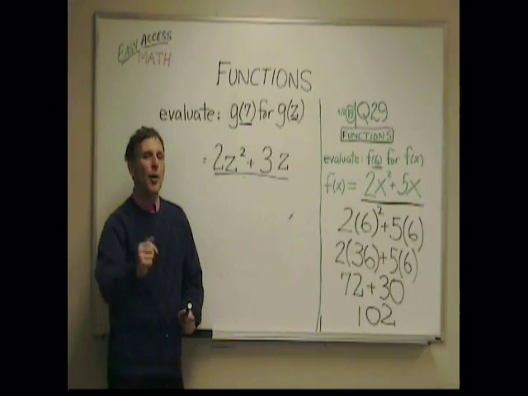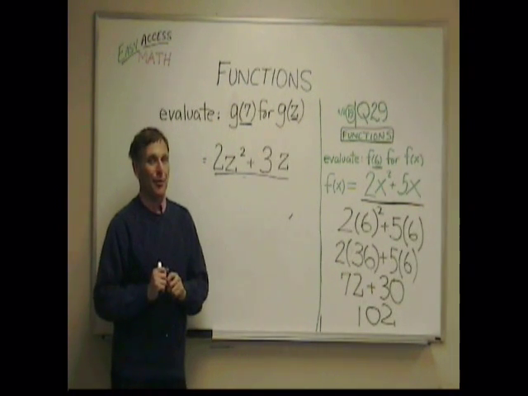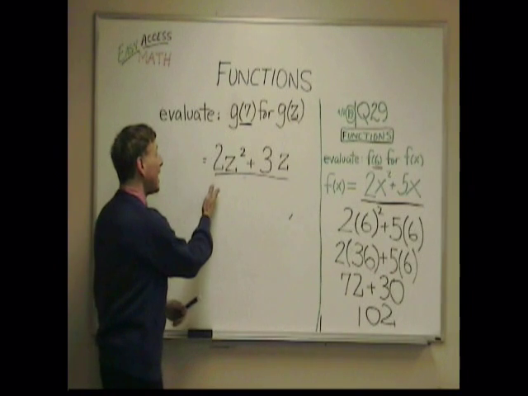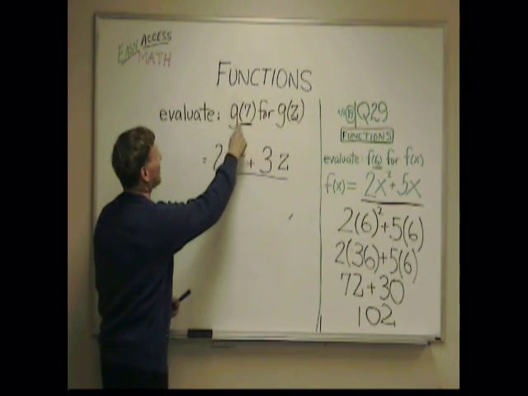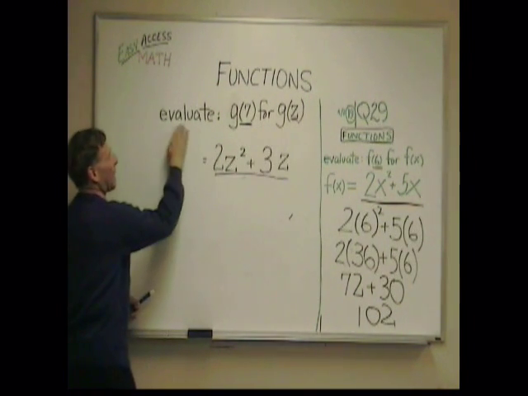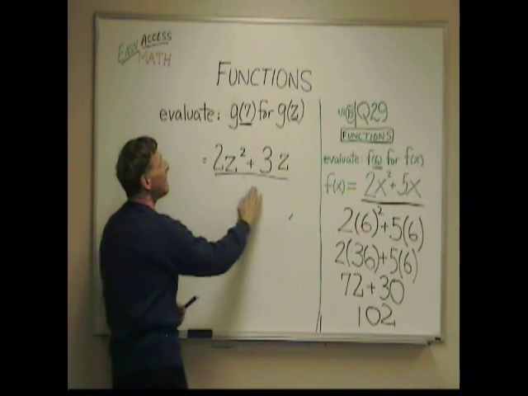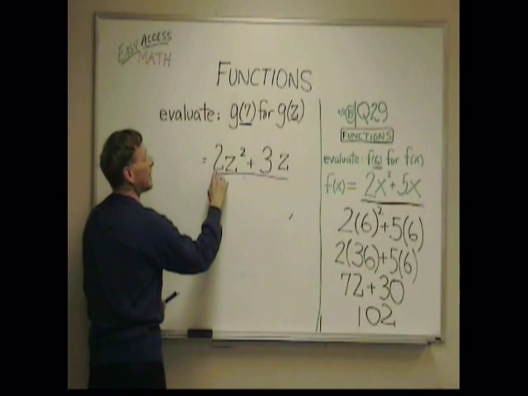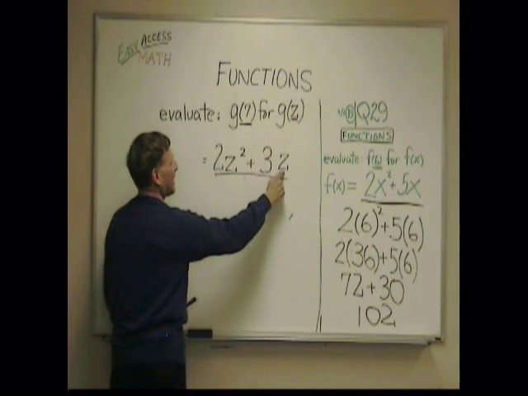Okay, now that we're clear on functions and what you're substituting, remember the number given to you in the function, let's take a look at this function here for g of 7. You're going to evaluate the expression 2z squared plus 3z.